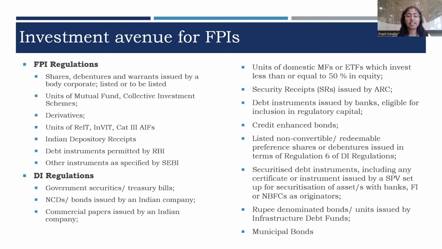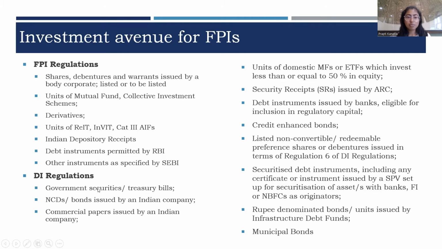Now, let us understand where can the FPIs invest. So basically, we can classify the kinds of securities into three broad parts: equity instruments, then debt instruments, and hybrid instruments. So SEBI FPI regulations and FEMA debt instrument regulation provides the investment avenues for FPIs.